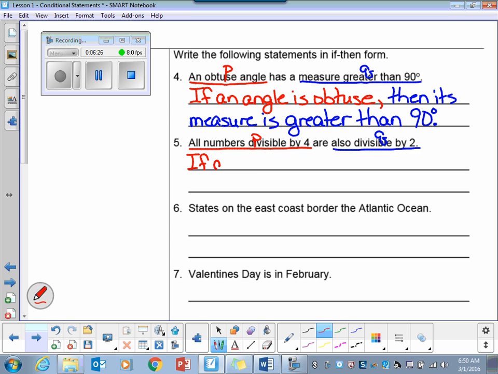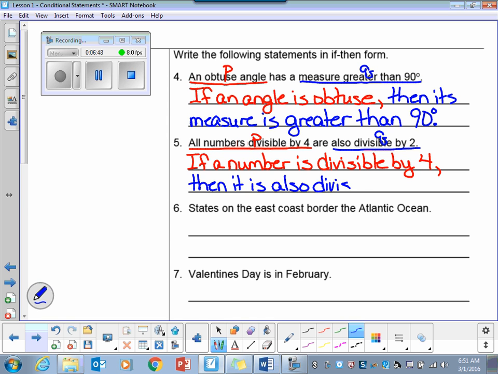So if a number is divisible by 4, that means we can divide it by 4, and we don't get a remainder, then it is also divisible by 2. Okay, remember the comma after the hypothesis and the period at the end of your sentence, please.